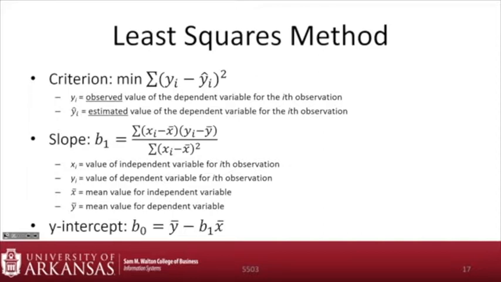Visually, if we have some data points, we want to find the line that fits them the best, the best fit line. The way we figure out which line fits the best is we talk about the actual observation. And if you draw a line straight down to the line, this would be our predicted observation.